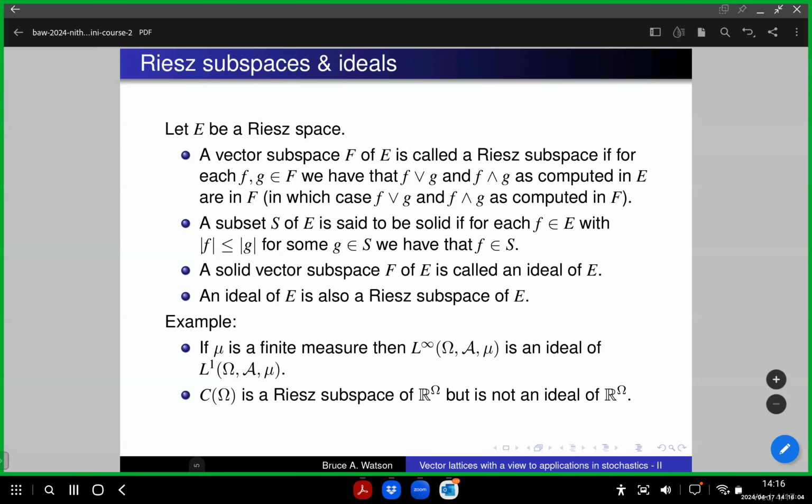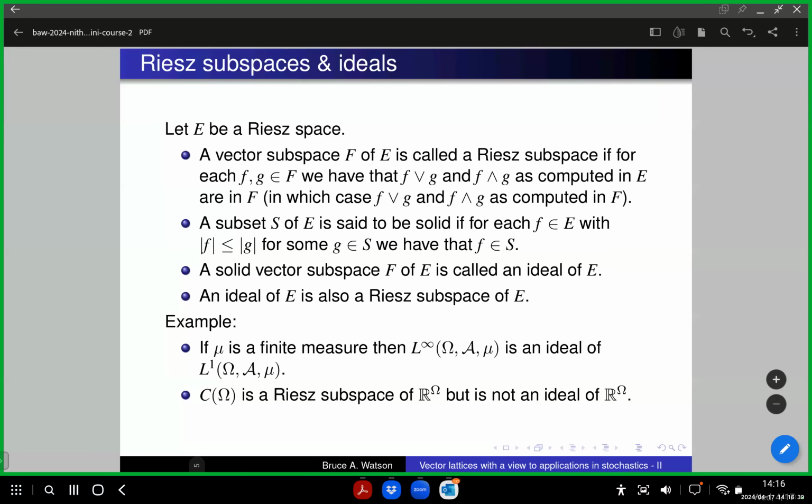The continuous functions certainly are a vector subspace of the maps from omega to R. Furthermore, they're also a Riesz subspace, because if you take the supremum of two continuous functions, that supremum is just the pointwise maximum of them, and that is again a continuous function. So that is again a map. It is again a continuous map.